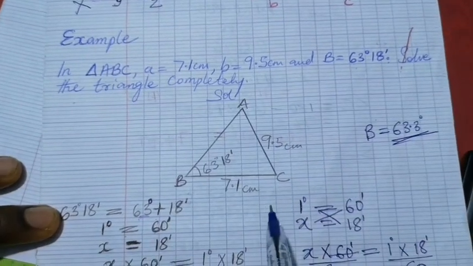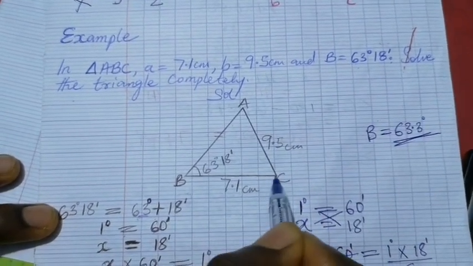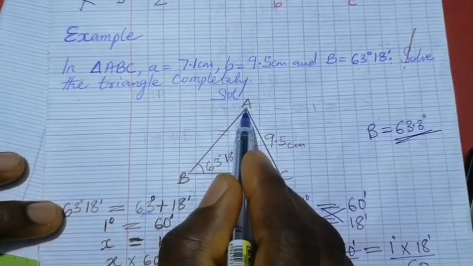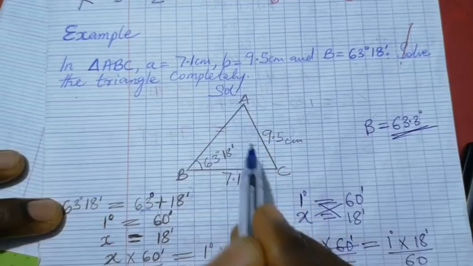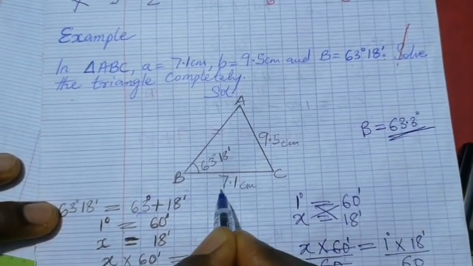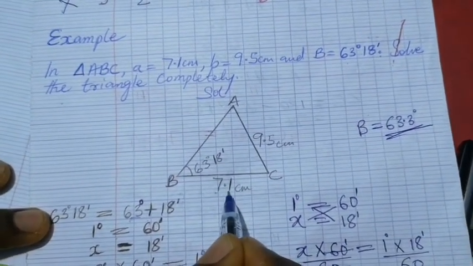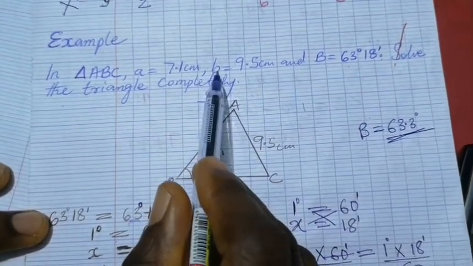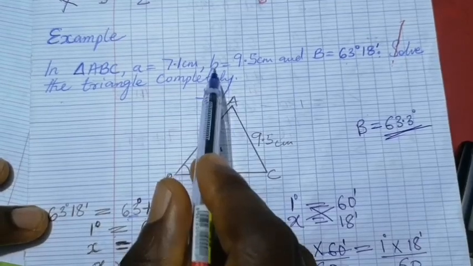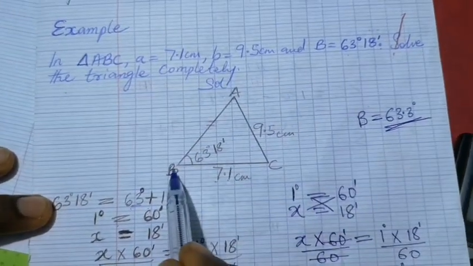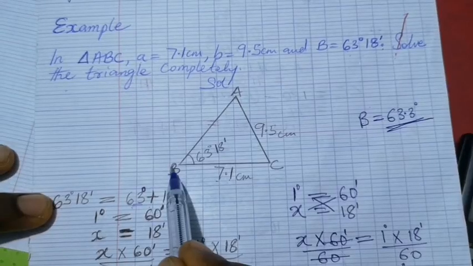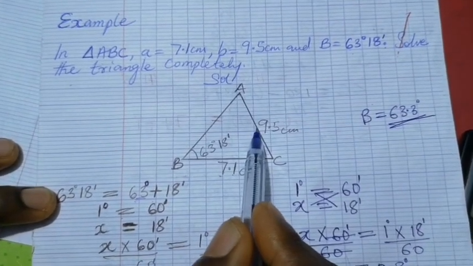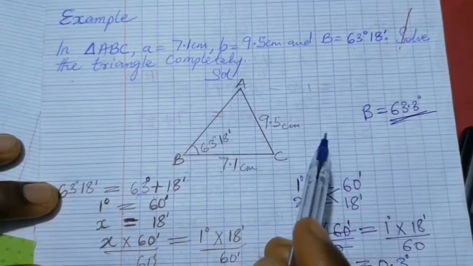So side A is the side that is opposite to this capital letter A. So that here will now become 7.1 cm, and we have side B is 9.5 cm, so that since we have our B here, then the side B will now be this side, which is 9.5 cm.